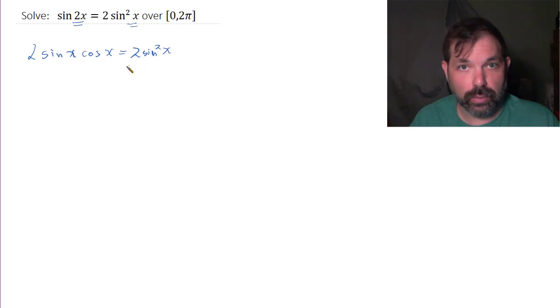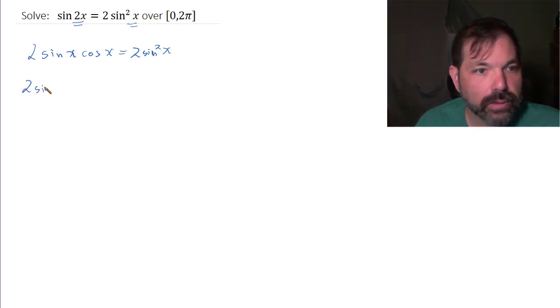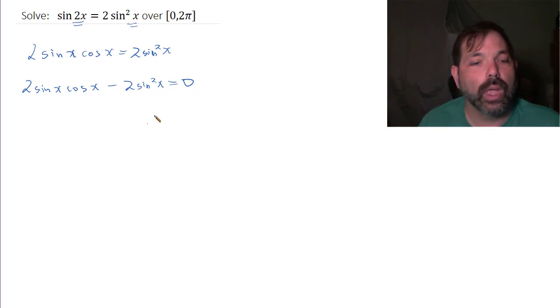You use factoring. So what I'll do instead is write this as 2 sine x cosine x minus 2 sine square x is 0. And I see that I have a common factor of 2 sine x.